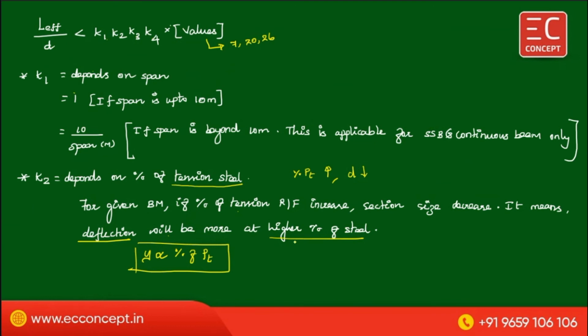Let me explain this. L effective divided by D is less than K1, K2, K3, K4 into values.